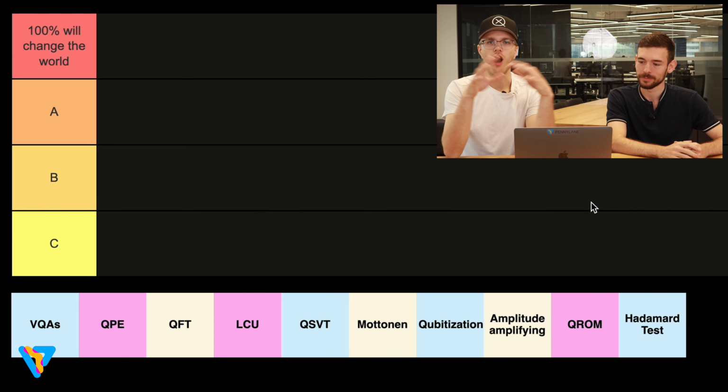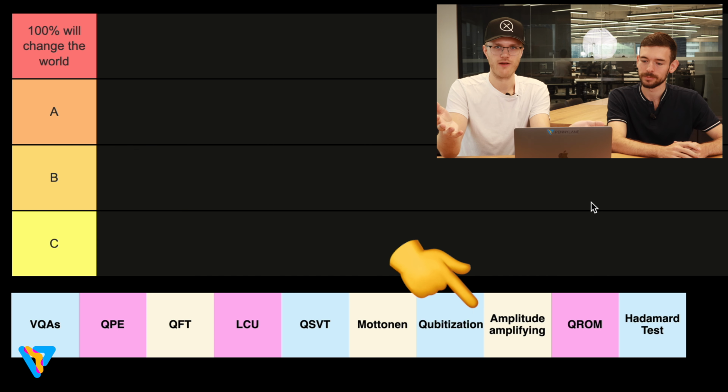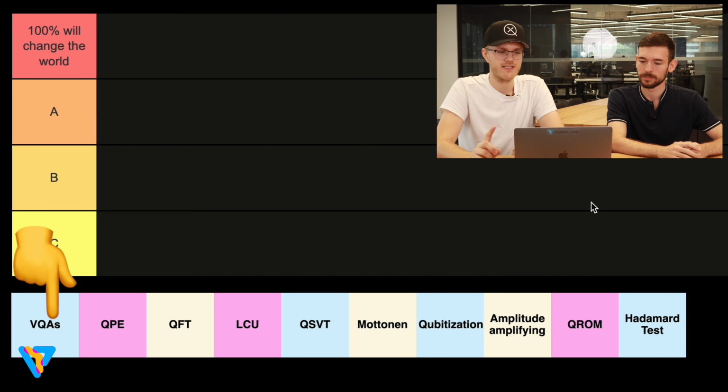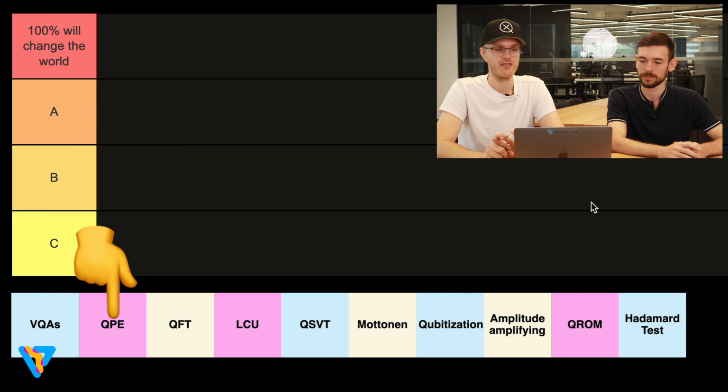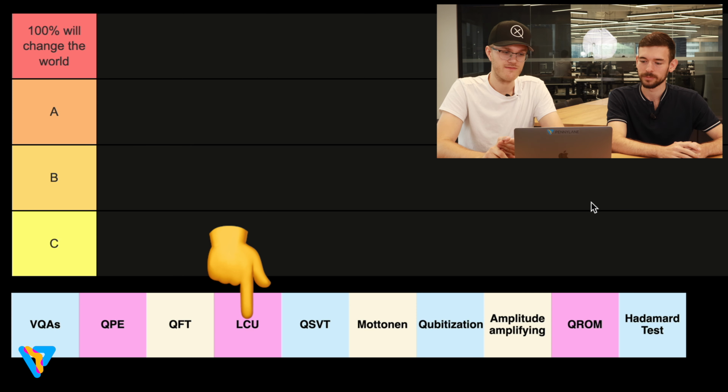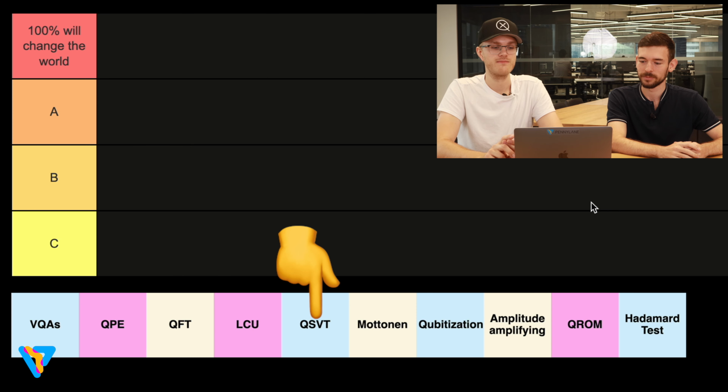Okay, so we have some broader algorithm categories that we're going to assign tier values to. The first one we have is variational quantum algorithms. Then we have quantum phase estimation, the quantum Fourier transform, linear combinations of unitaries, quantum singular value transforms, QSVT.